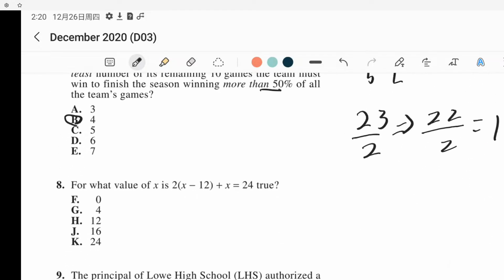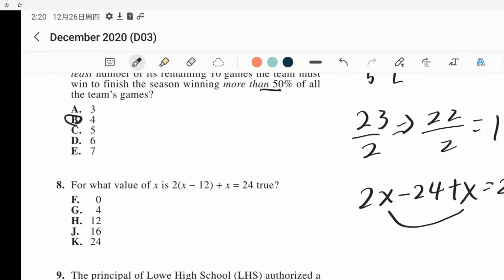Number 8, what is the value of x? For what value of x is 2 times parentheses of x minus 12 plus x equals 24 true? So let's consider x. We need to solve for it. So let's simplify. Minus 24 plus x equals 24.